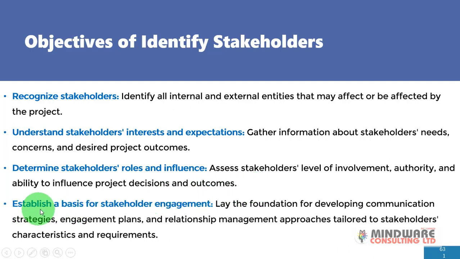Last but not the least, establish a basis for stakeholder engagement. Here you lay the foundation for developing communication strategies, engagement plans, and relationship management approaches tailored to stakeholders' characteristics and requirements.